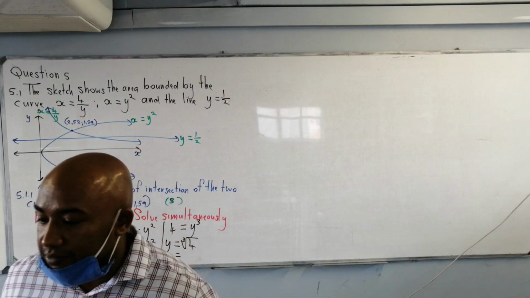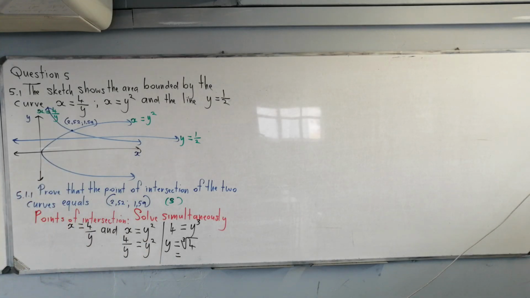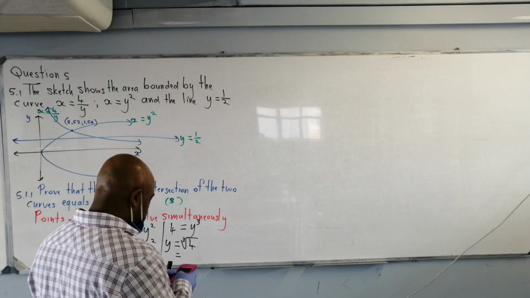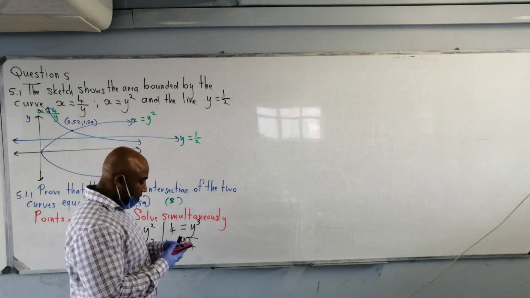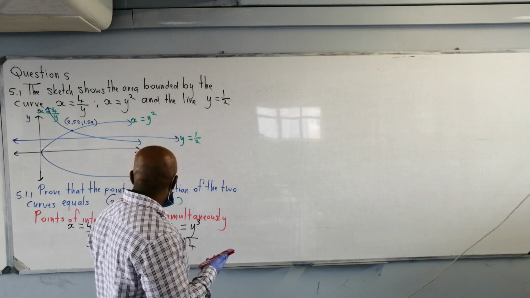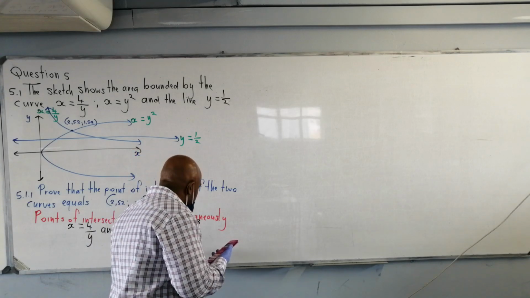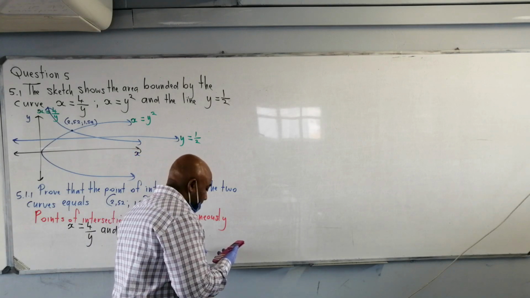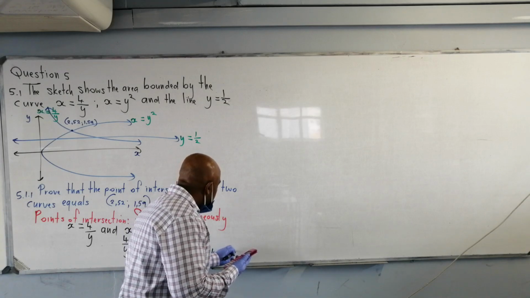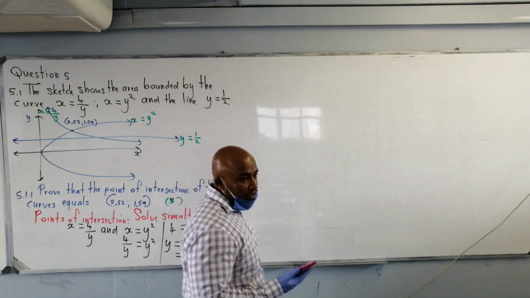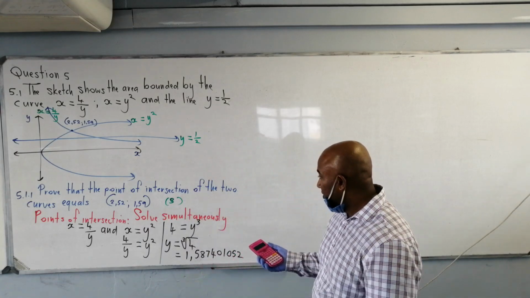Give me your calculator there. So the cube root of 4 is equal to 1.587401052. That is my y value.